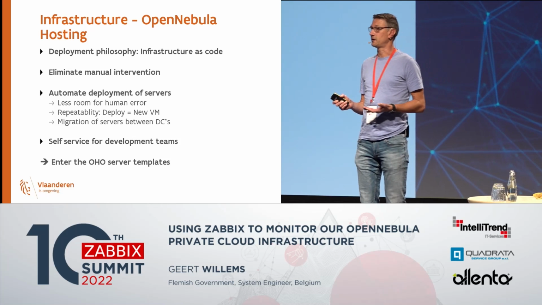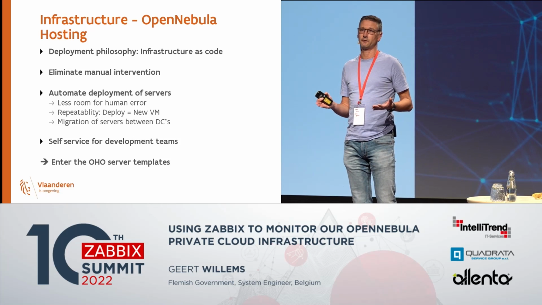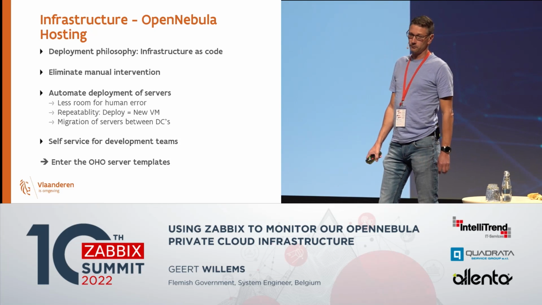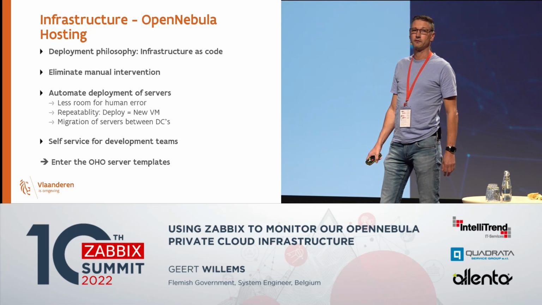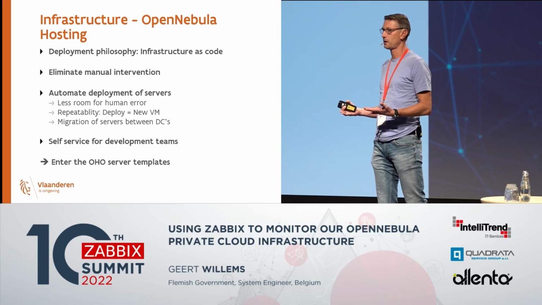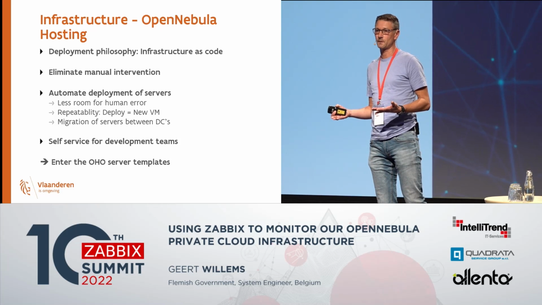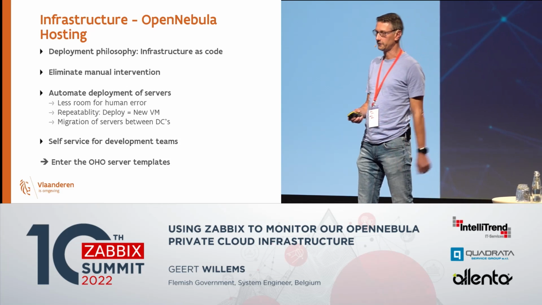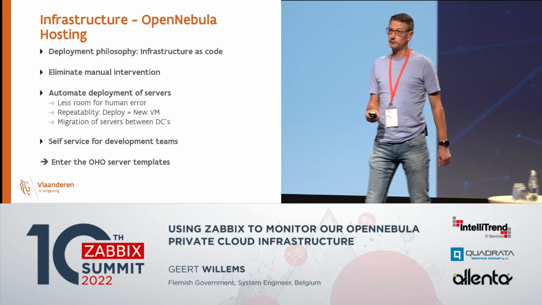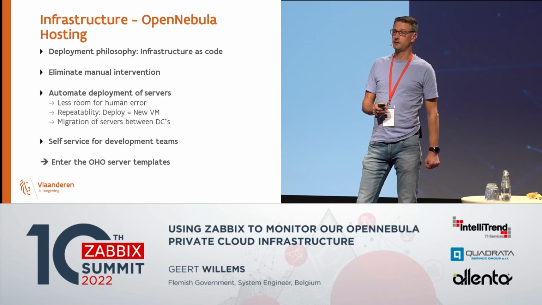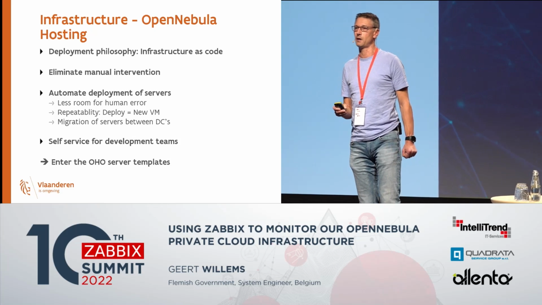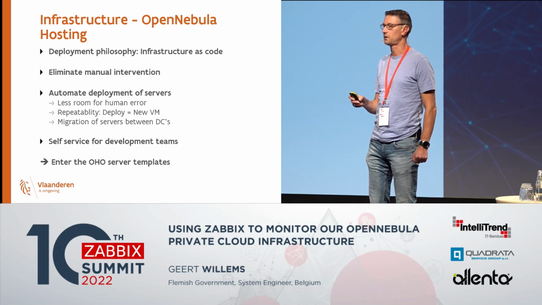And as I already said, we are able to migrate the servers between the two data centers. It also delivers self-service for the development team, so they can deploy their new application in OpenNebula without the intervention of the infra team. And this is all done by introducing our OHO server template, OHO, which stands for OpenNebula Hosting Omgeving, environment in English.